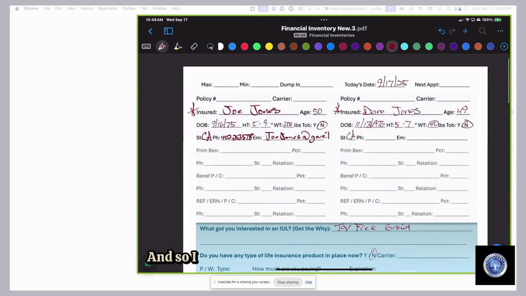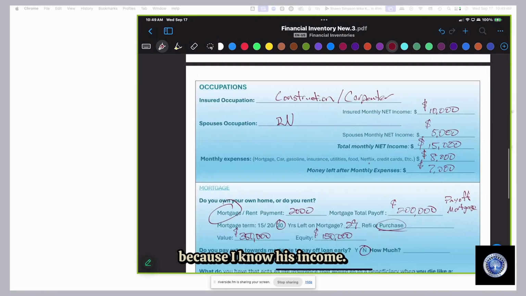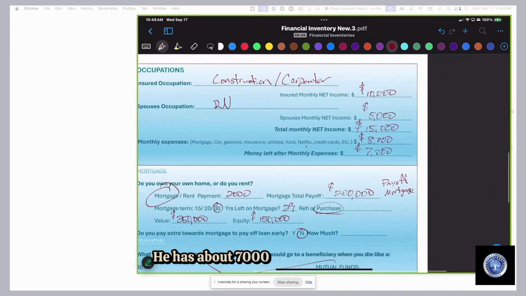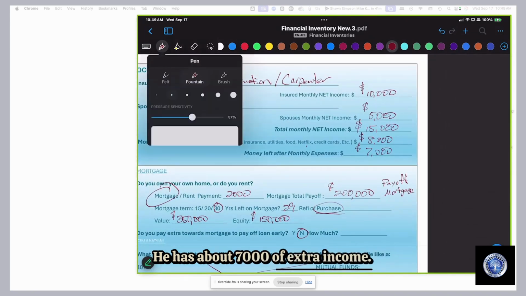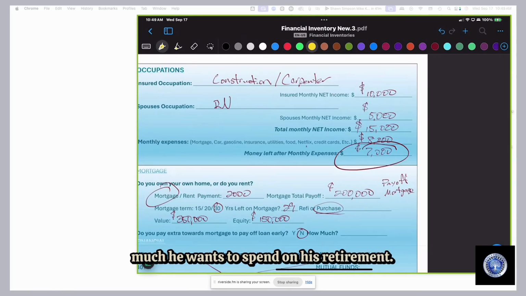And so I have a feeling, side note, guys, I have a feeling of what this person would want to contribute. And the reason why is because I know his income. He has about 7,000 of extra income right here. That extra income is going to dictate how much he wants to spend on his retirement.